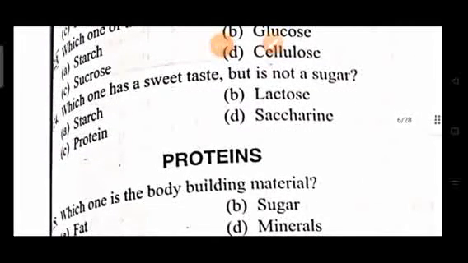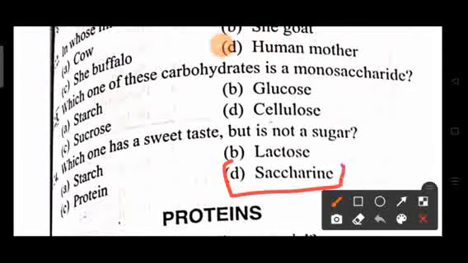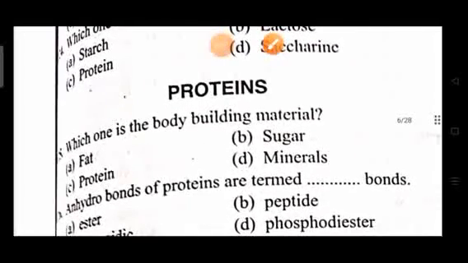Starch, lactose: lactose has a sugar component. Proteins do not have sugar components. The sweet taste that is not a sugar is saccharin, which is generally used as an additive in food for persons suffering from certain conditions.